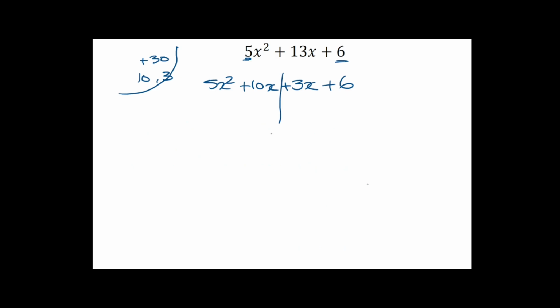Okay, and we're going to split it in two. 5x squared plus 10x, so they both have a common term of 5x. 5x times what is 5x squared? 5x times x is 5x squared, plus 2. And this one, there's the common term of plus 3, x plus 2, and it's going to be quite nice.